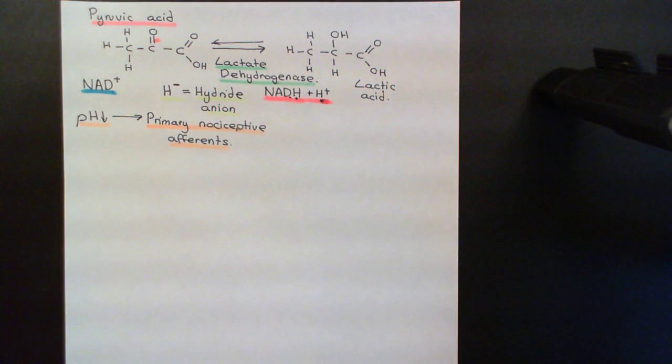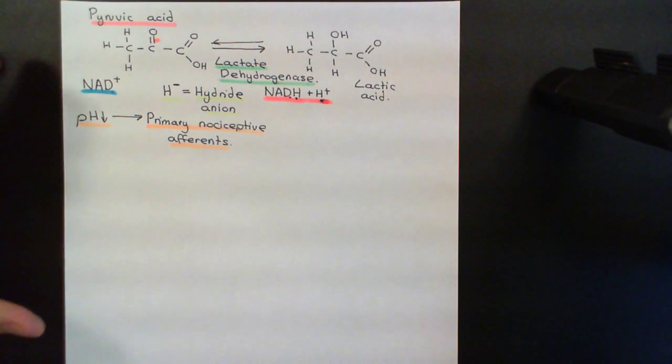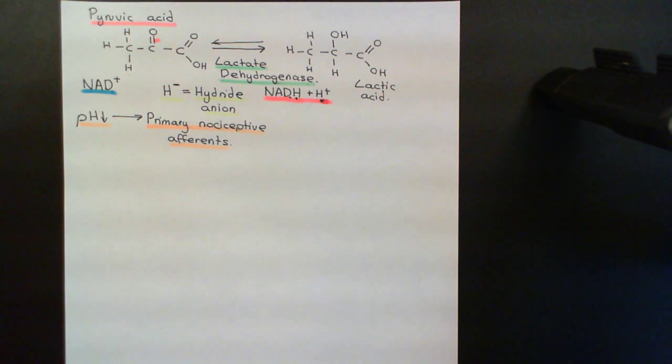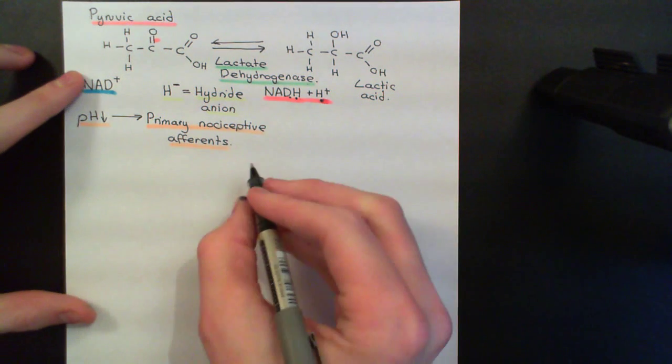They're going to conduct action potentials and carry the signal up into the spinal cord, but then they pass the signal on to another neuron. And the thing that causes referred pain is that multiple different primary nociceptive afferents can actually synapse onto the same second order neuron. So let me just draw a picture of this.